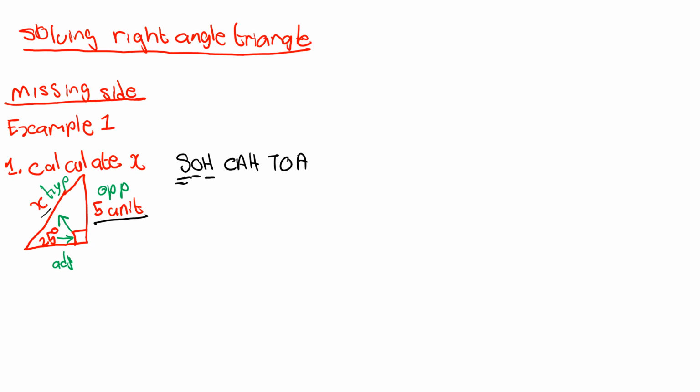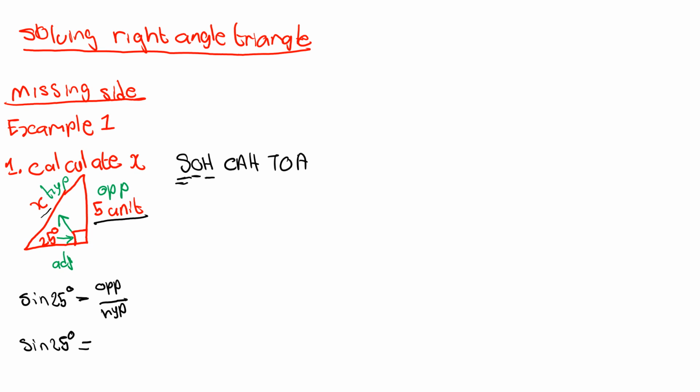So you go and say sine of 25 degrees, because you use 25 to identify the side, is equals to your opposite over hypotenuse. So you plug in the values that you've been given. Your sine 25, remember, it's equals to opposite over hypotenuse.